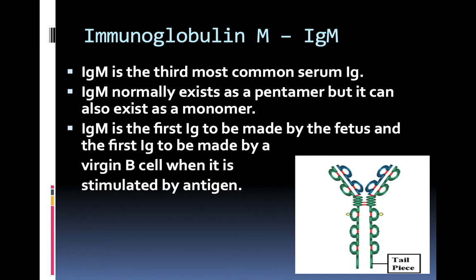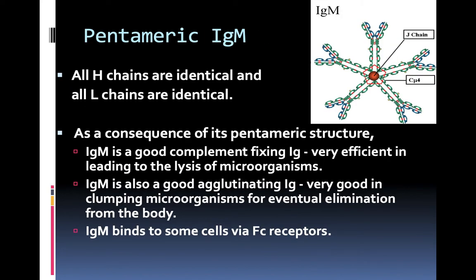Let's take a look at the pentameric nature of our IgM. Let's have here a photo. Okay, so you can see the monomers of your IgM oriented in this pentagon conformation.